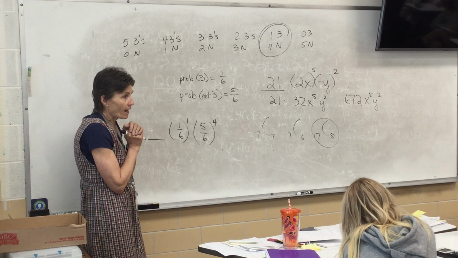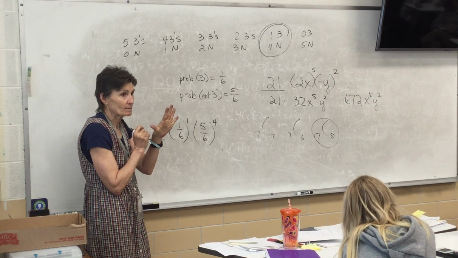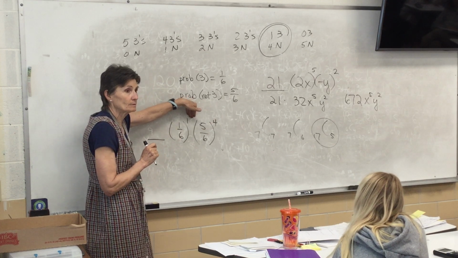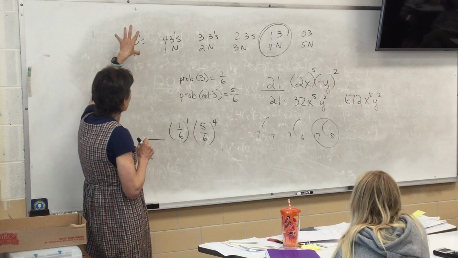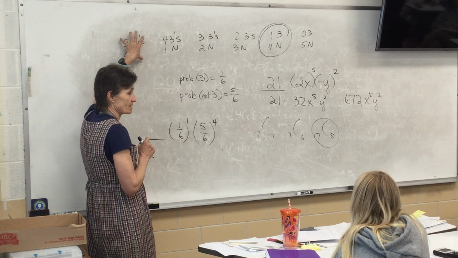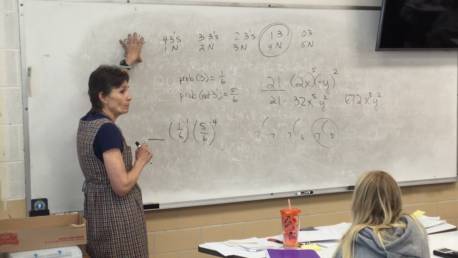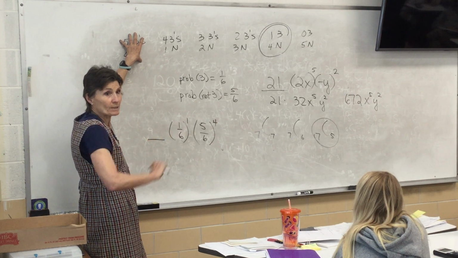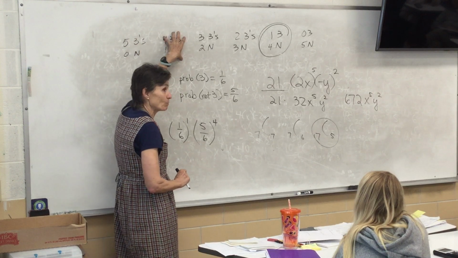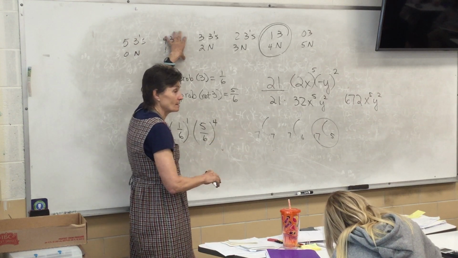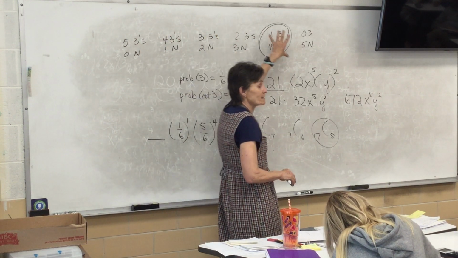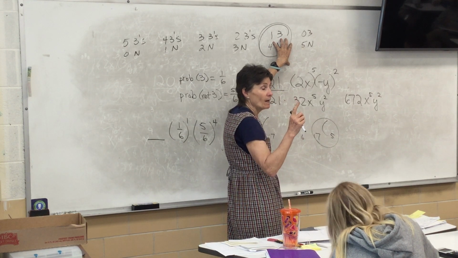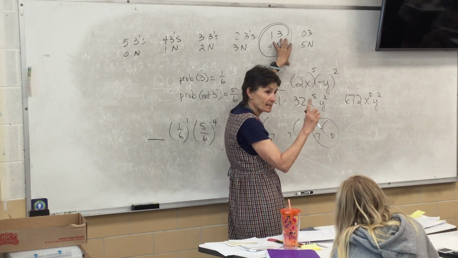Well, I rolled the die 5 times. See how these add up to 5? So the coefficient for this situation would be 5C5. 5 rolls, all 3s. 5 rolls, 4 3s. What's this coefficient going to be? 5C1. I roll it 5 times and I get 1 3.